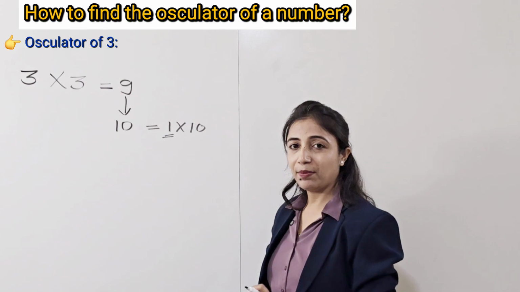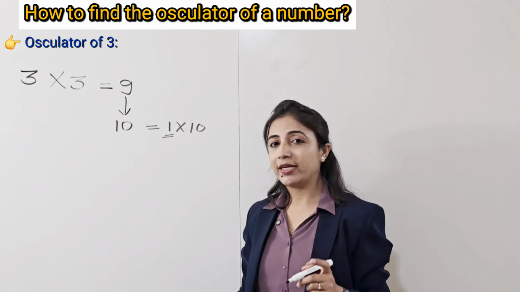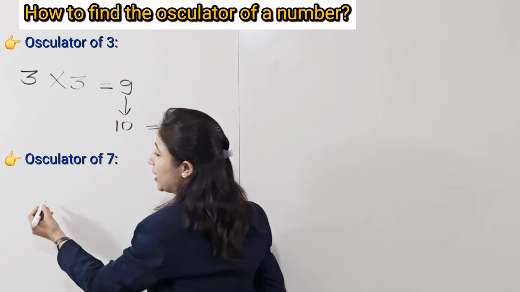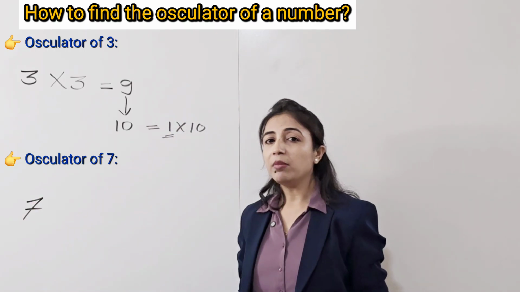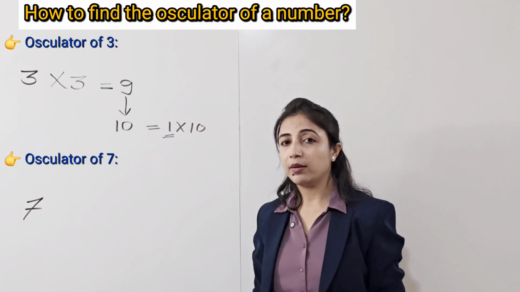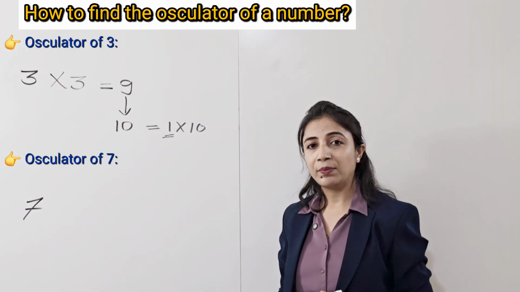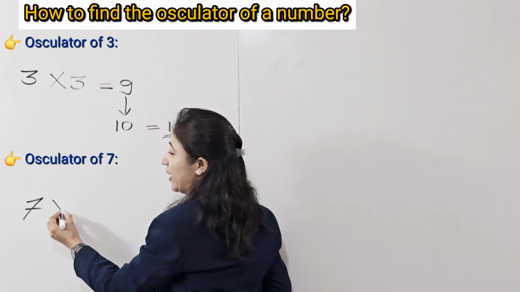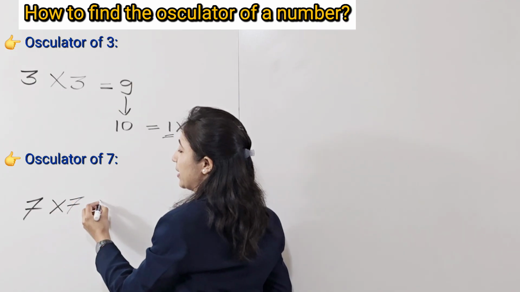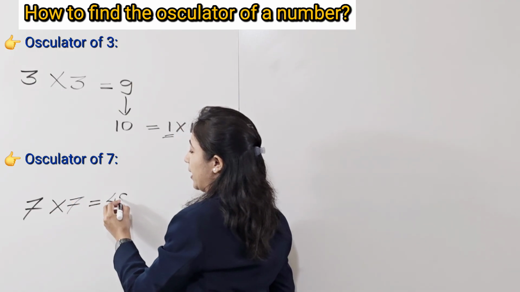Now see the next example, how to find the osculator for 7. As you know, for 7 the osculating number is 5. Which number should I multiply 7 by so that the product will end with 9? Yes, it is 7. So 7 multiplied by 7 gives 49.